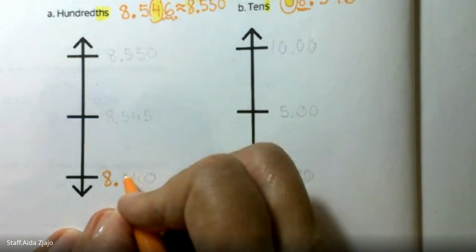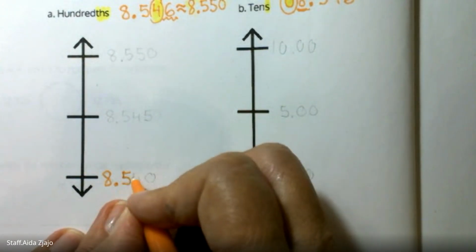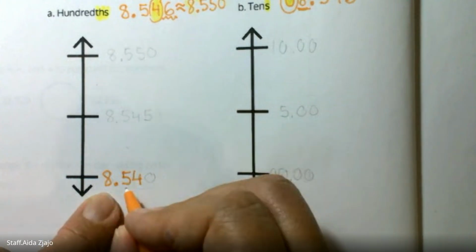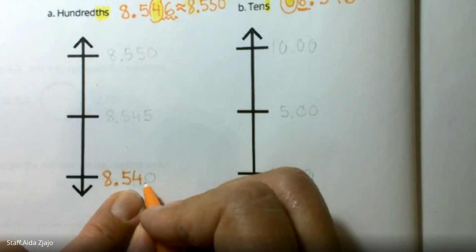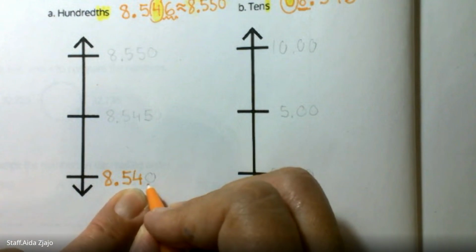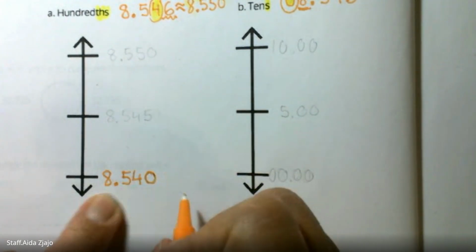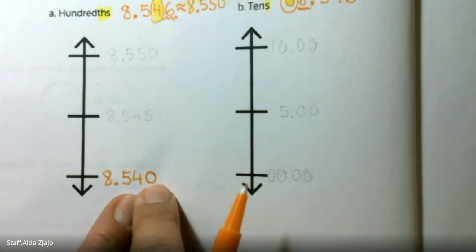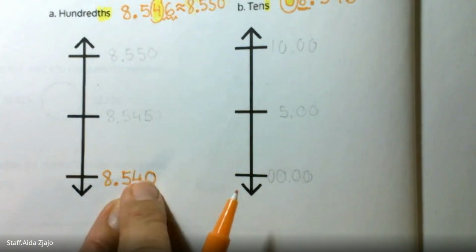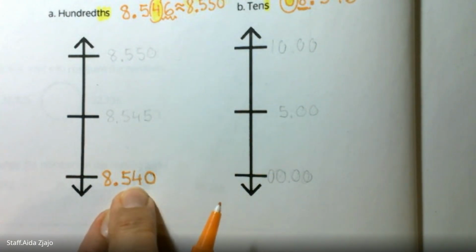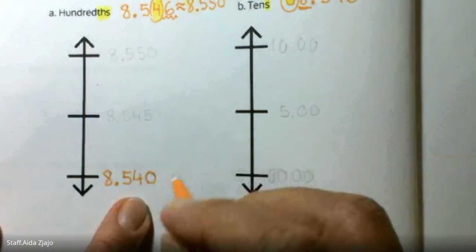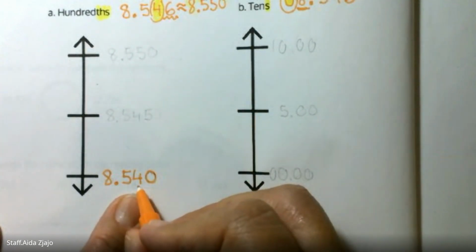So it has to start with this. We have 8 wholes and 5 tenths 4 hundredths, and we're going to put the 0 for thousandths. Depending on these thousandths is if we're going to round this up or not.